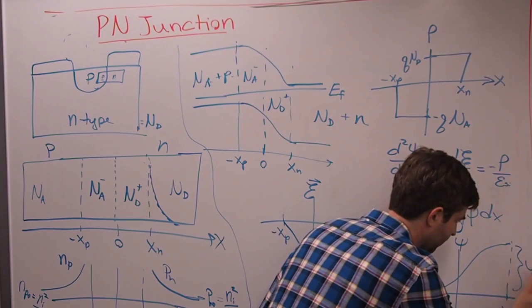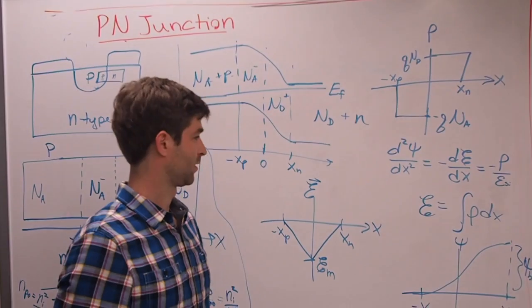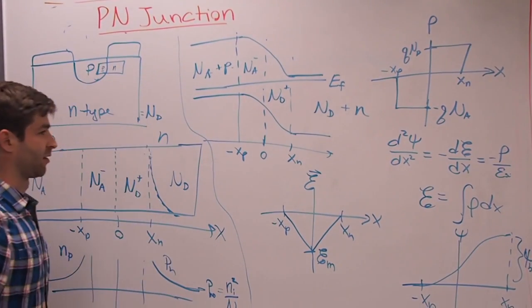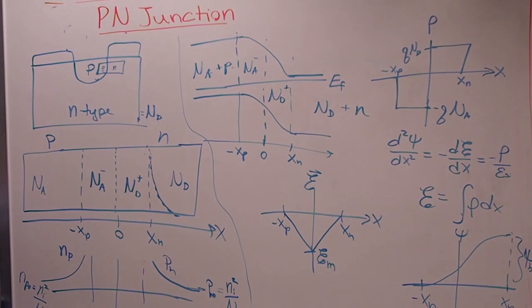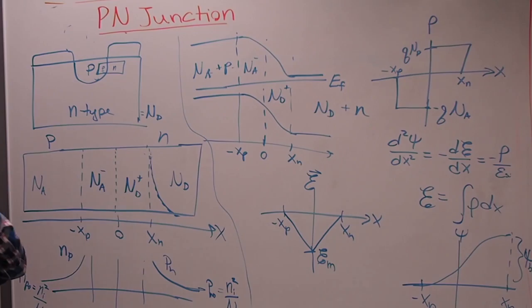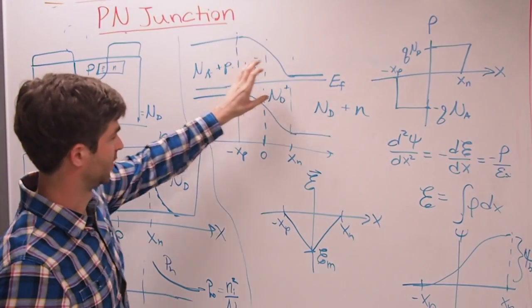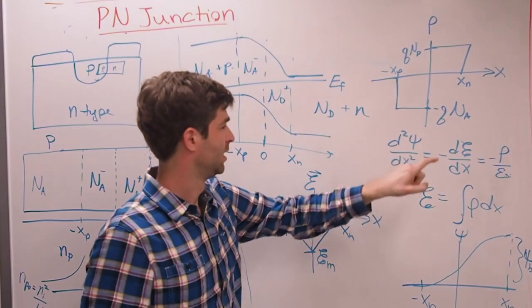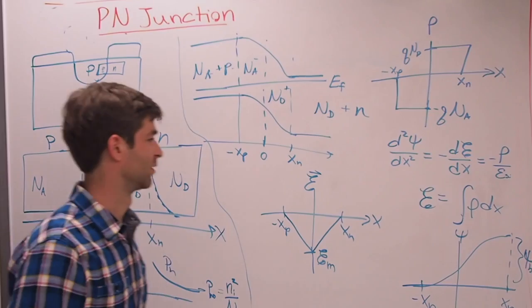So this means we have some built-in potential right there. So these are the basics. This is the physics without getting into any real math, but you just gotta kind of take all this in. It's a lot of interesting stuff. You see, we were able to get charge from here and here, and from that we were able to get electric field, and from that we're able to get this built-in potential.